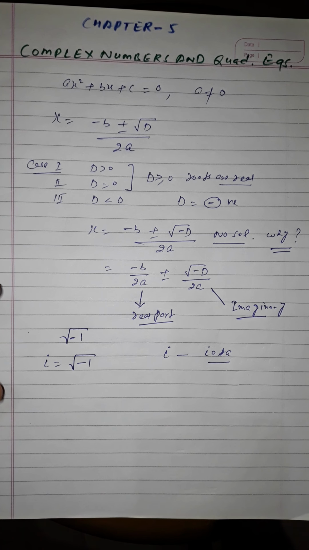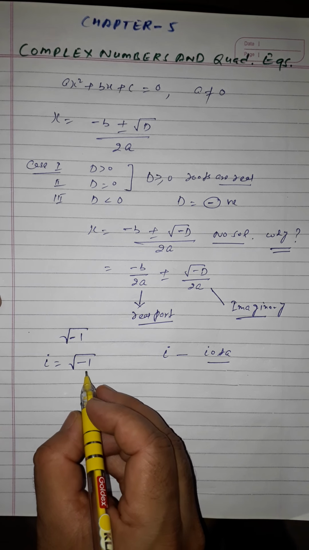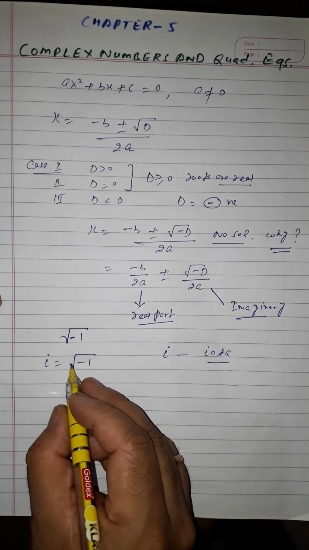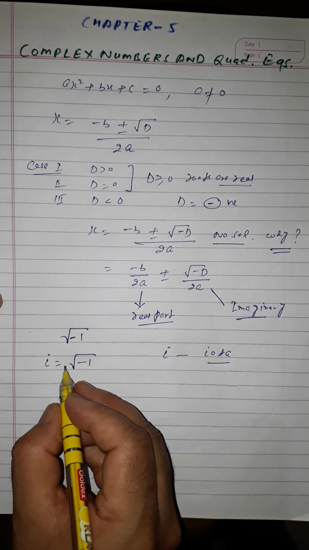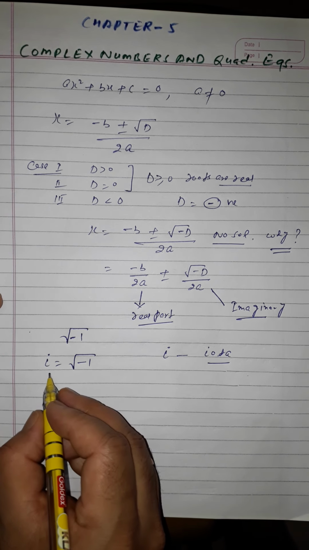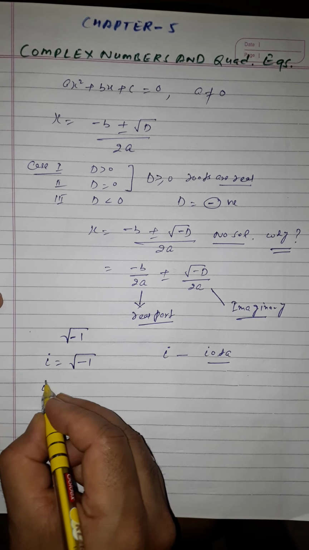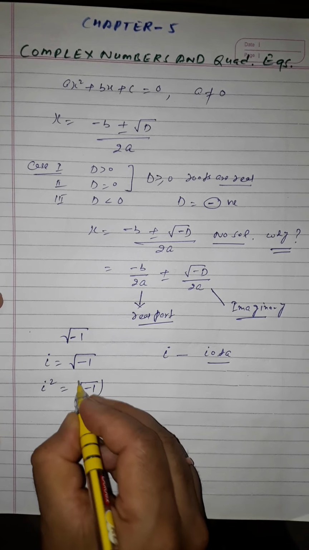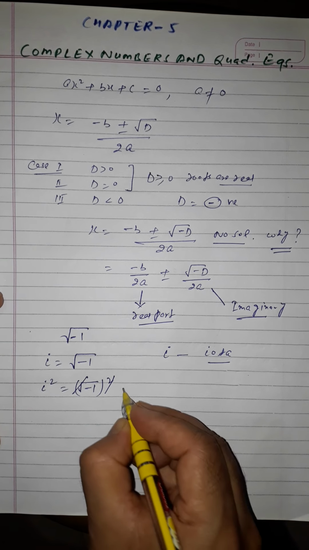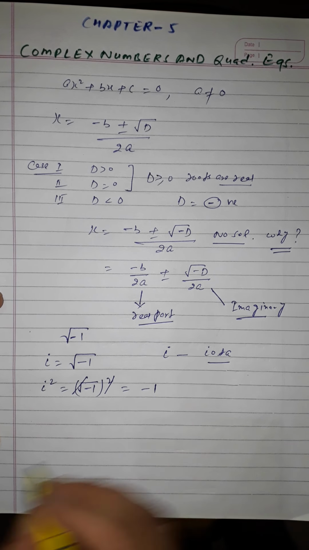So iota square is equal to minus 1, its root, its square; the square will cut out with the root, that is equal to minus 1.